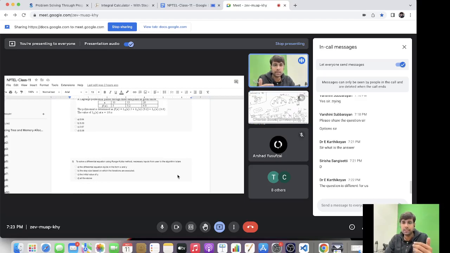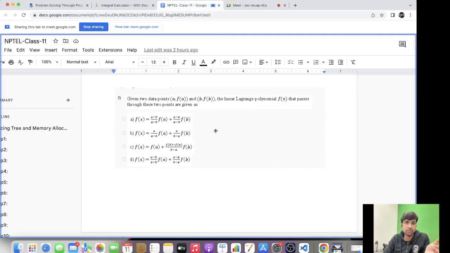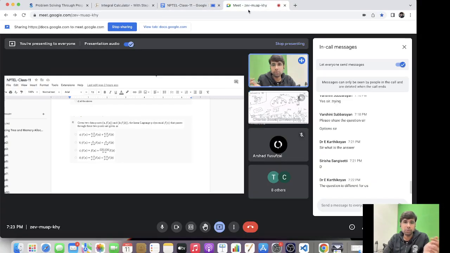I tried to pack all these things together, that's why I didn't cover the Runge-Kutta method in this class. But you can revise the class and go to the lecture again to understand it. I think you should be able to answer this question. I am expecting everybody to answer this question at least.